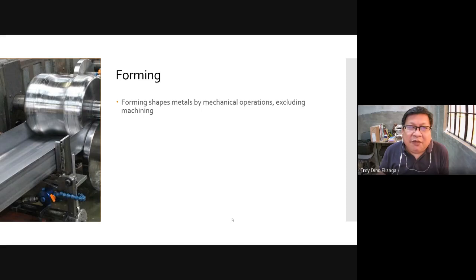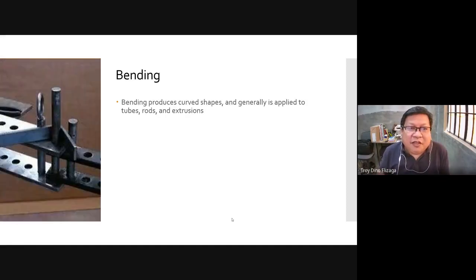Machining happens when you intervene aside from bending, so you punch holes or you cut. But here in forming, you're simply bending.